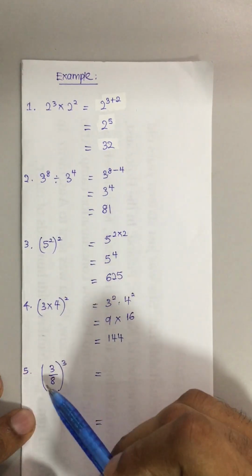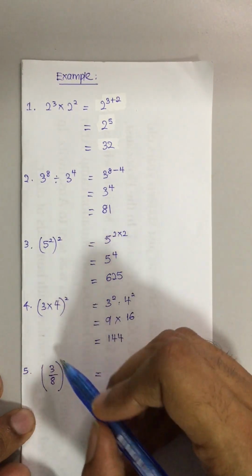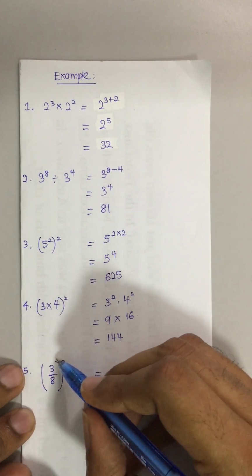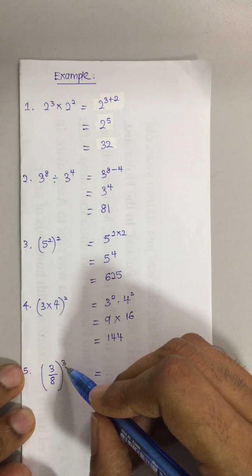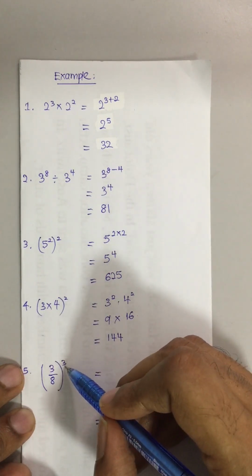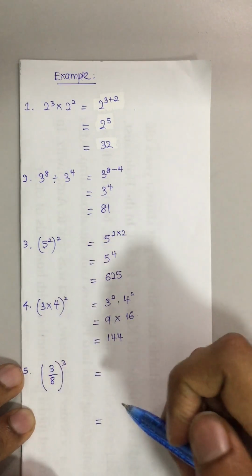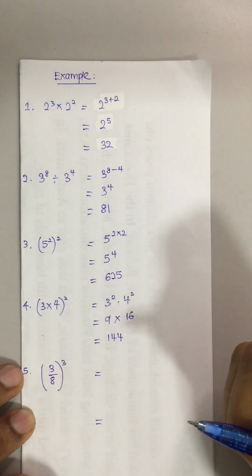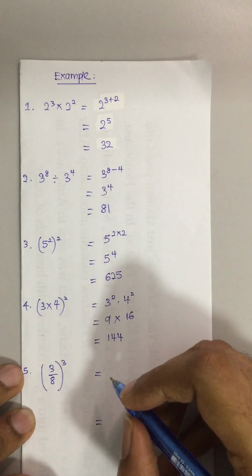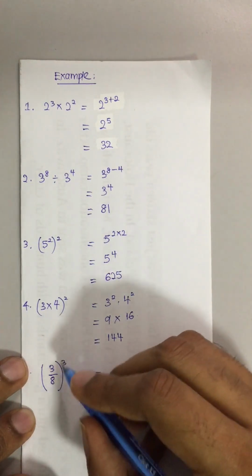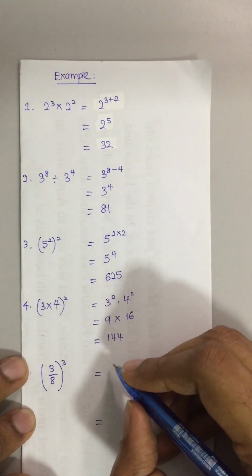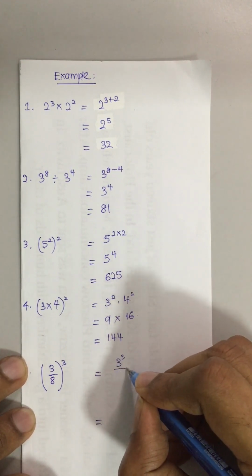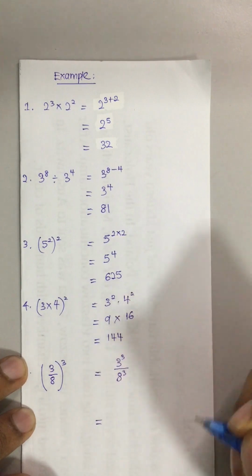This is the fifth one. You have a division which involves two different bases, raised to the power of 3. What we're going to do is apply this power to the numerator and the denominator as well. Let me show you the explanation. 3 over 8 to the power of 3 equals 3 to the power of 3 divided by 8 to the power of 3.